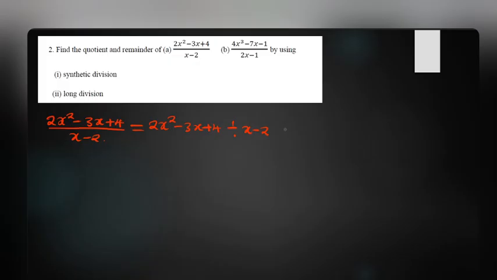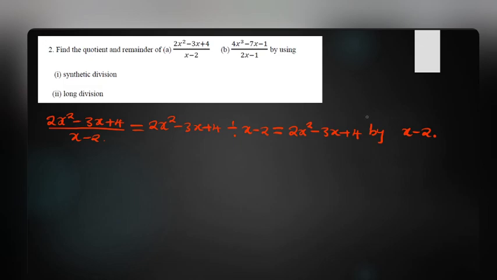And it is also the same as when we write 2x to the power 2 minus 3x plus 4 by x minus 2. It's one and the same, meaning that the divisor is x minus 2, because we are dividing this function by x minus 2.